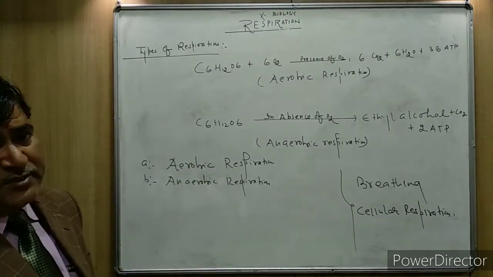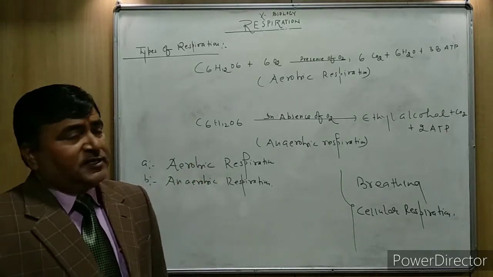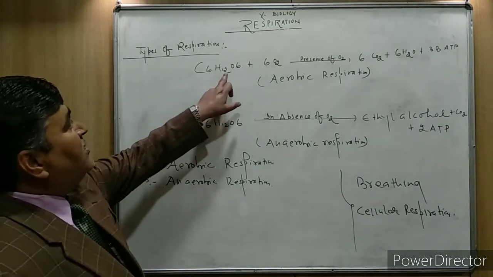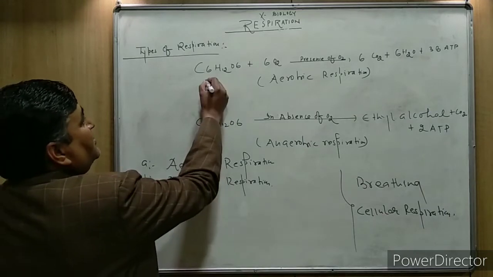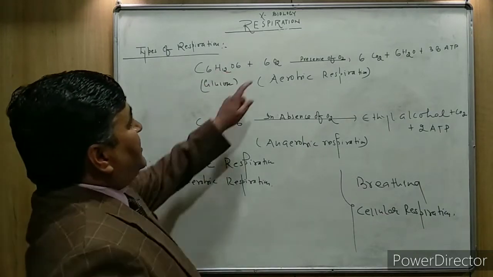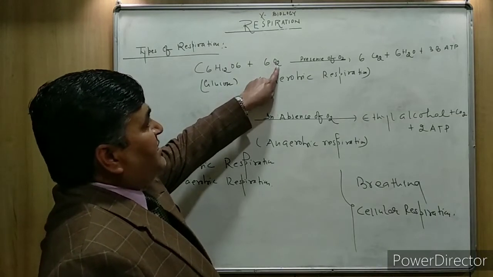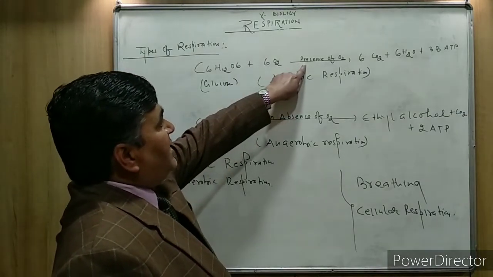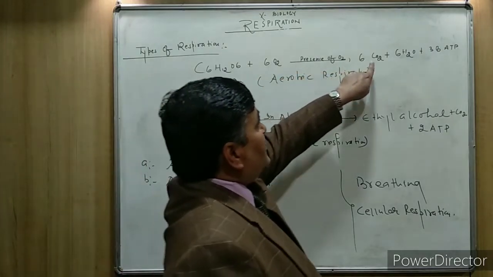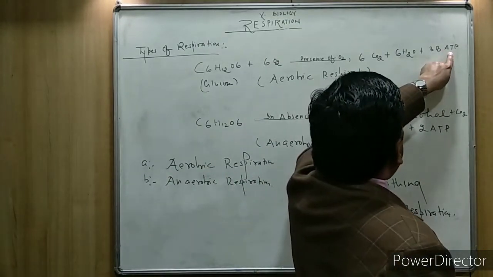What is aerobic respiration? Aerobic respiration is the process of the breaking down of glucose, C6H12O6, in the presence of oxygen to produce energy.